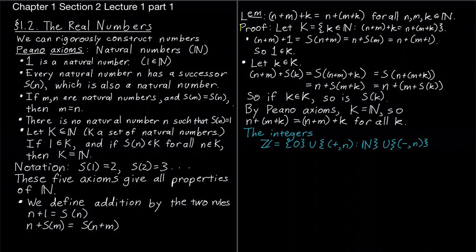And so all you need to construct the integers are three more symbols, 0 and plus and minus, and the natural numbers which you already had.